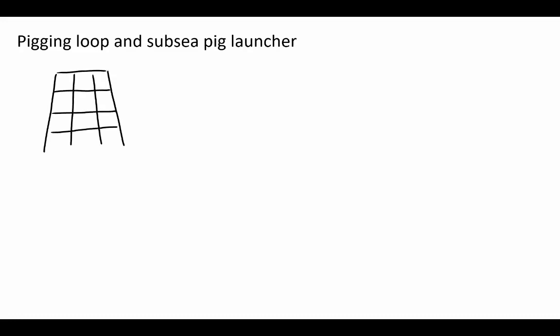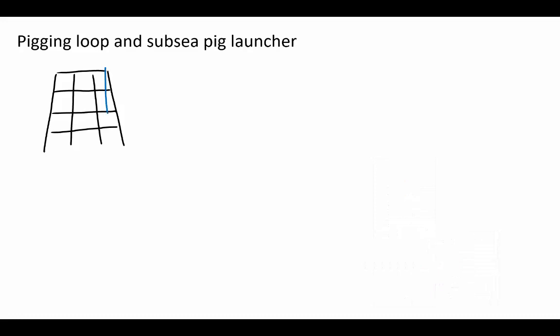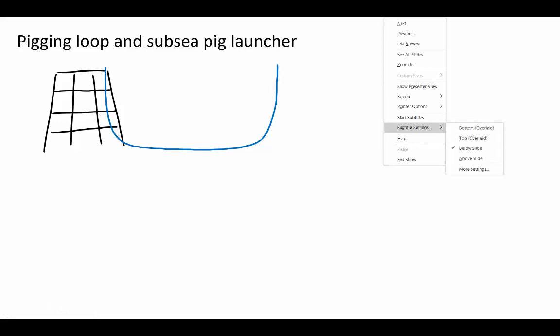We have our platform, and then we have our main pipe, for example, an export oil pipe, which I'm making in blue, and then it goes to another platform or buoy for export.